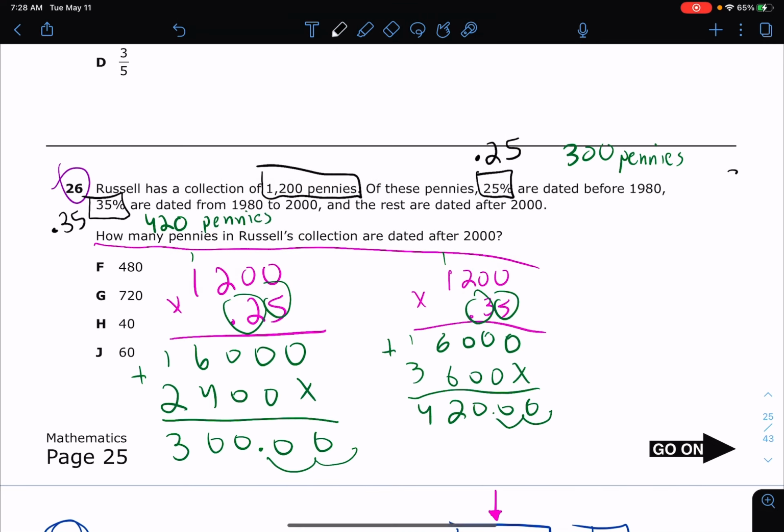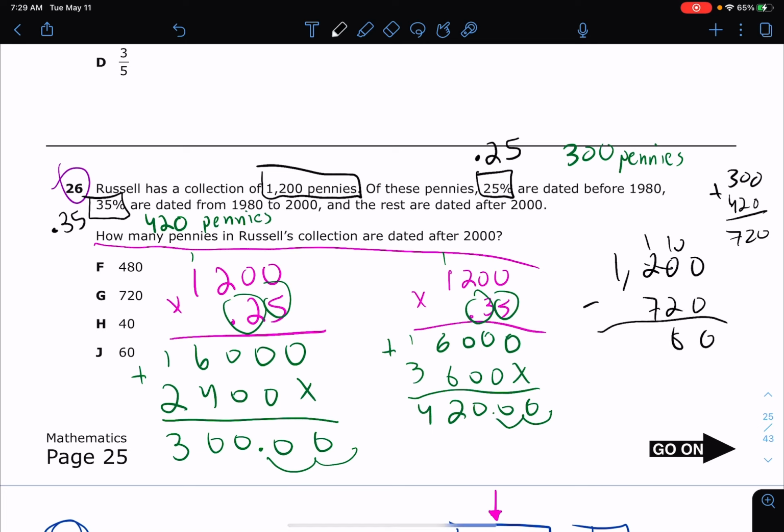So I'm gonna add the pennies. 300 plus 420 is 720, and I just subtract. 480 pennies are after 2000. 480 son después del 2000.